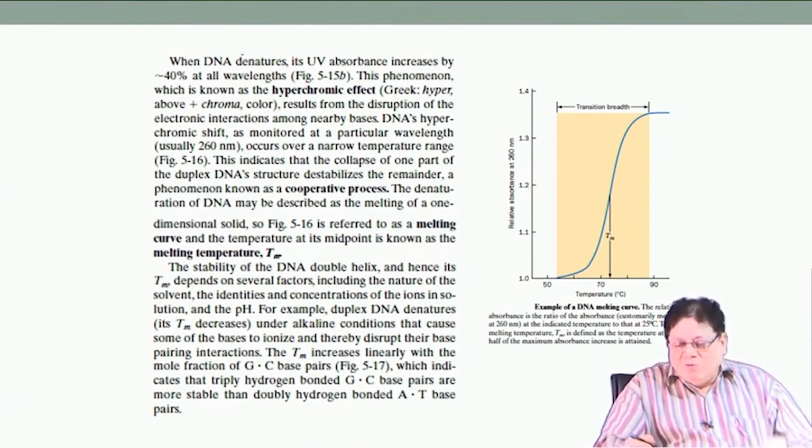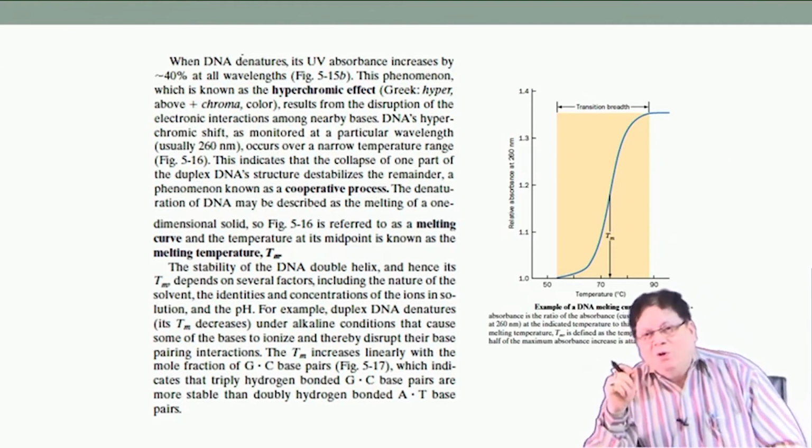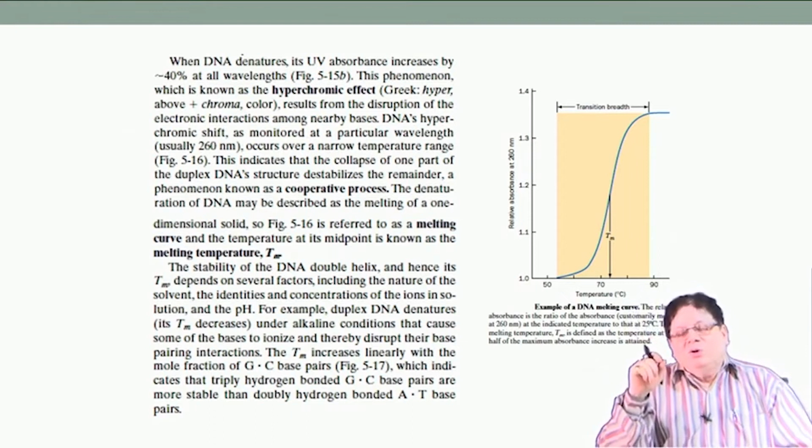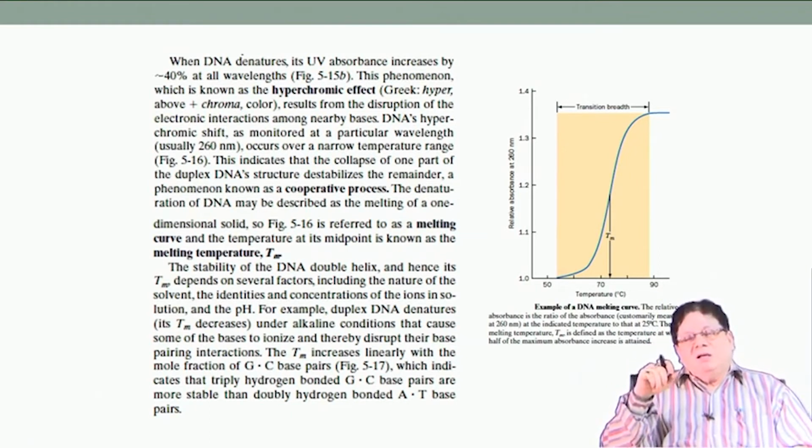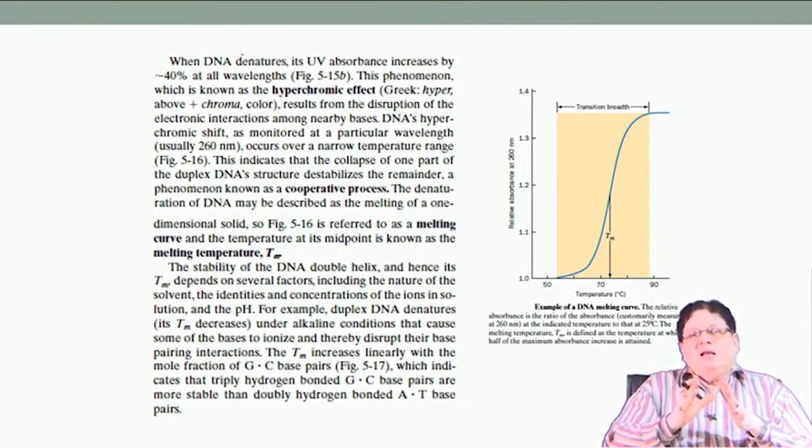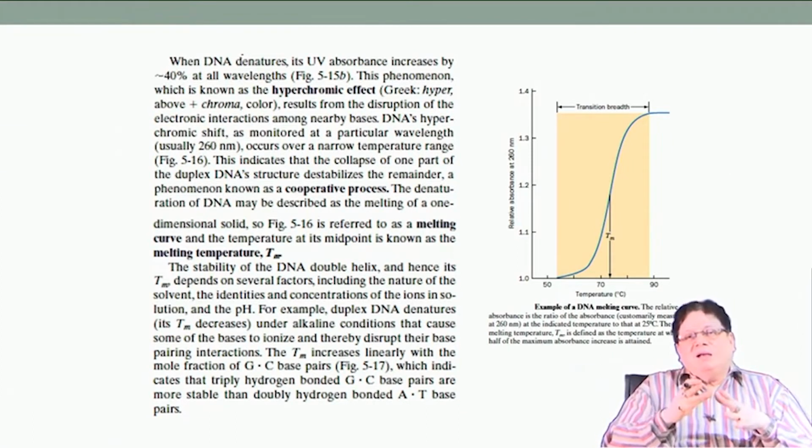The way to follow this breakage of hydrogen bonds is to study the absorbance at the lambda max of the DNA. DNA has bases which are aromatic in nature, so they absorb at around 260 nanometer, which is their lambda max. So, you take the double stranded DNA, measure the absorbance at 260 nm, and start at a temperature of say 25 degrees centigrade.